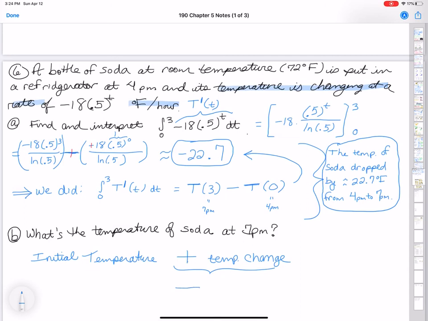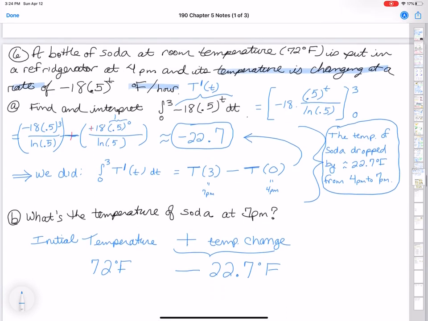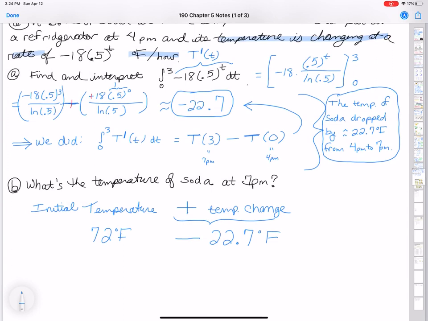It's really the change in temperature, but obviously it's cooling off, so it's this negative here. So it's this negative, the decrease of about 22.7 degrees that we have to apply to that initial temperature. So it was initially at about 72 degrees Fahrenheit, and it drops by 22.7 degrees.